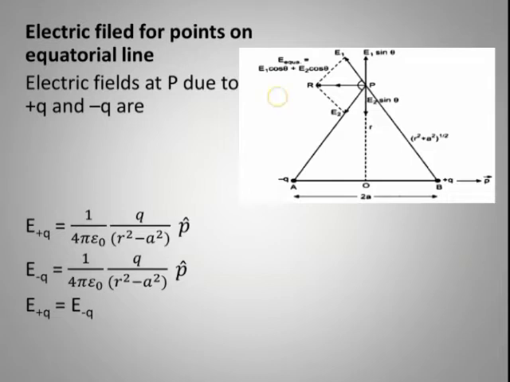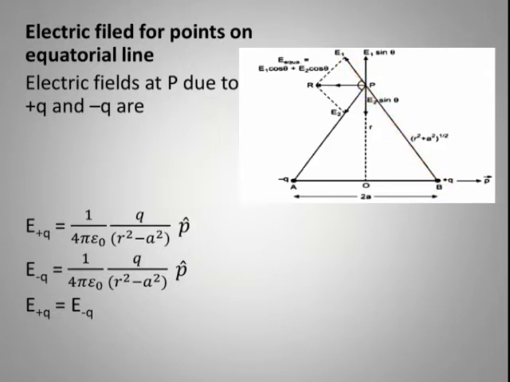Now if I consider the horizontal component, where the electric field E1 is split into two components, the vertical one is E1 sine theta, and the horizontal component is E1 cos theta. So I can write it as E1 cos theta. Now coming further, that was the electric field E1.